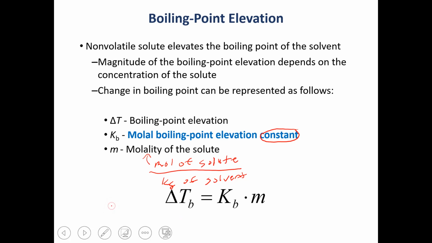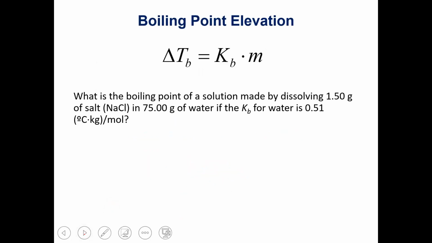So let's look at an example here and see what happens to the boiling point when we add a solute. What is the boiling point of a solution made by dissolving 1.50 grams of salt in 75 grams of water, if the Kb for water is 0.51 degrees Celsius times kilograms divided by moles?